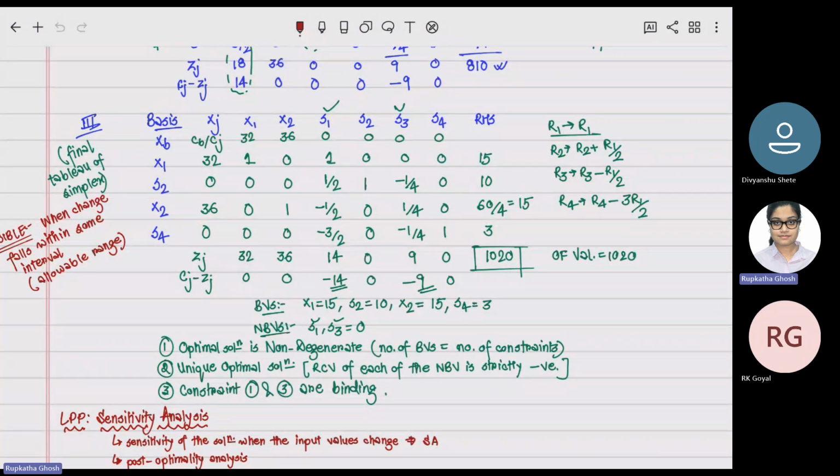What you need to do, first thing first, is either solve iteration-wise, or you can simply consider the final table of the simplex procedure and then do your calculation. So let's say I add here that this is my 32 plus delta C1. Do you want me to make this table again and then solve it so that it's easier for you to understand?